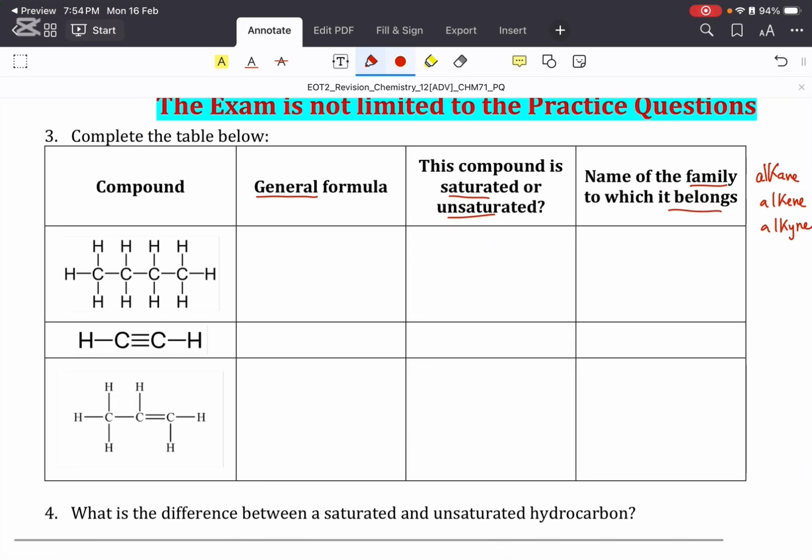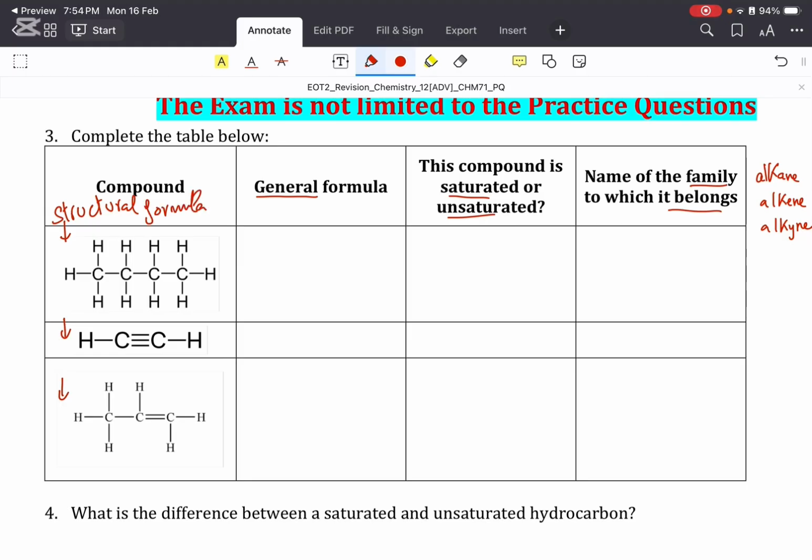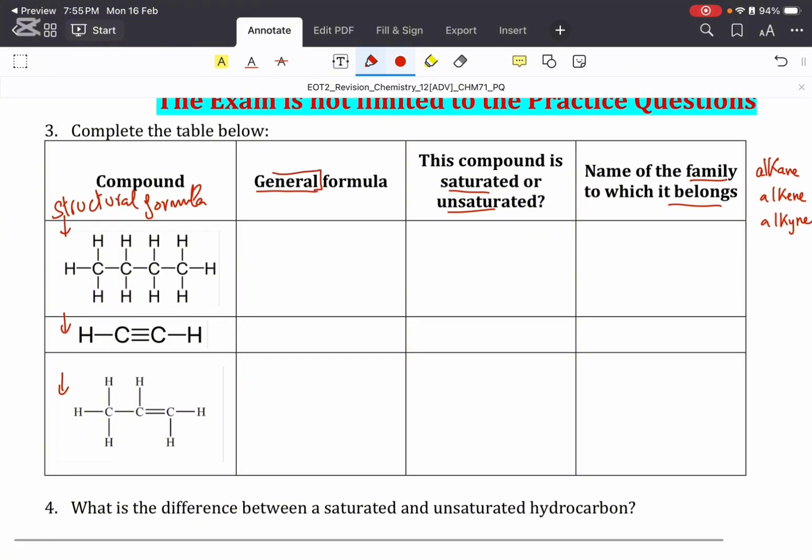So, what is given here, these are the structural formulas. So the 3 compounds given here are represented by their structural formula. When they ask about the general formula, it doesn't mean you count. So there's a difference between a general formula and a molecular formula.